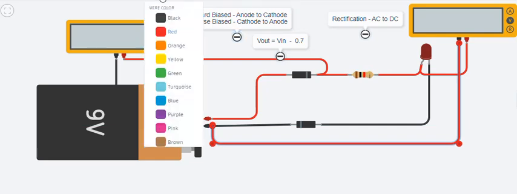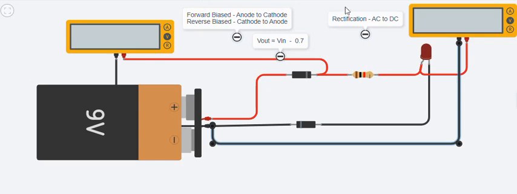Okay, let's see what you have. You know what you have? 2.5. You have the voltage of the LED plus the voltage of the diode. That part I don't understand. It's very clear.